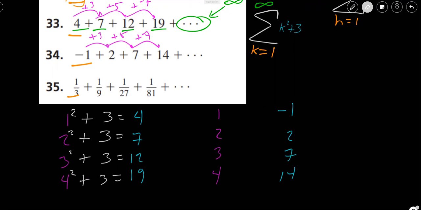So again, let's try exponents. 1 squared is 1. If I add -2 to that, or let me not add -2, let's just subtract 2. 1 minus 2 is -1. 2 squared is 4 minus 2, that's going to equal 2. 3 squared is 9, minus 2 is going to equal 7, and 4 squared is 16, minus 2 is going to equal 14. So we've got our pattern again.